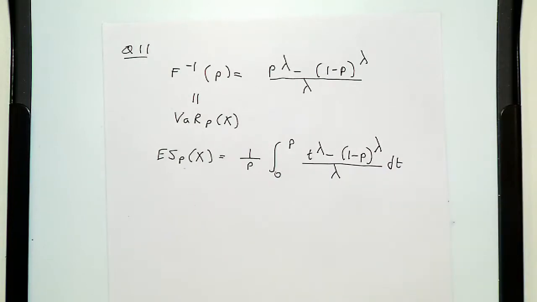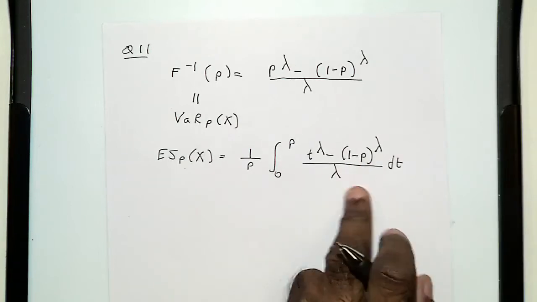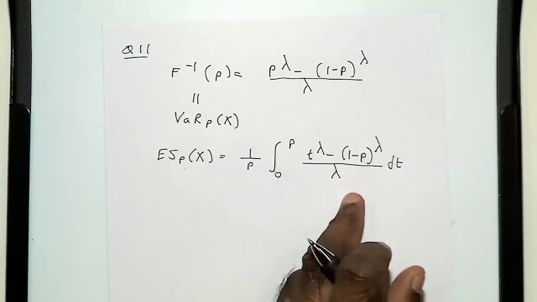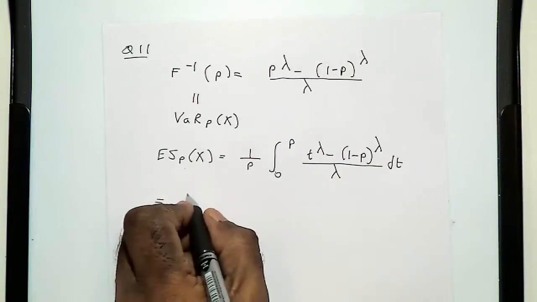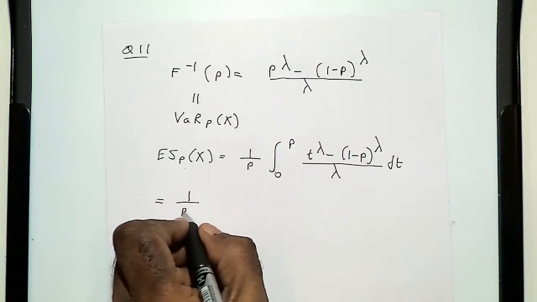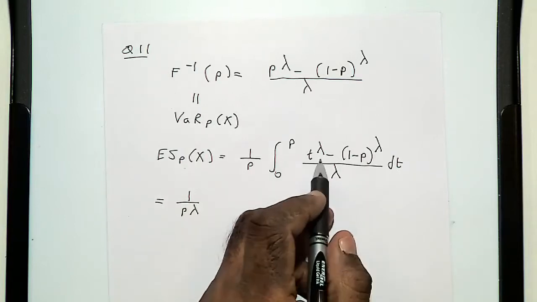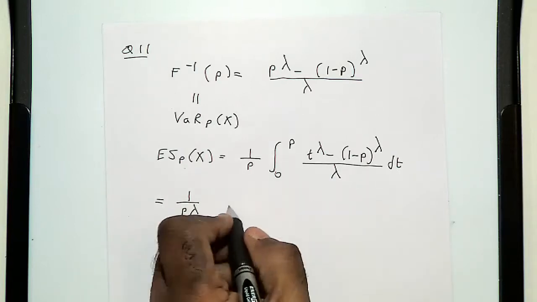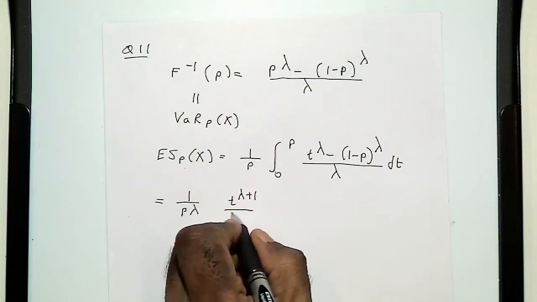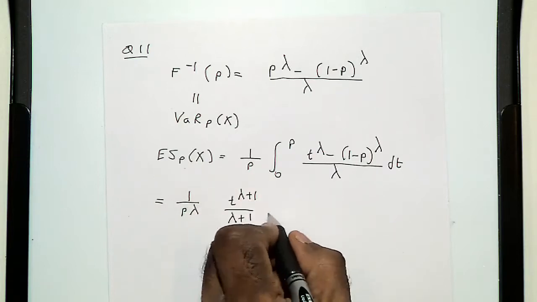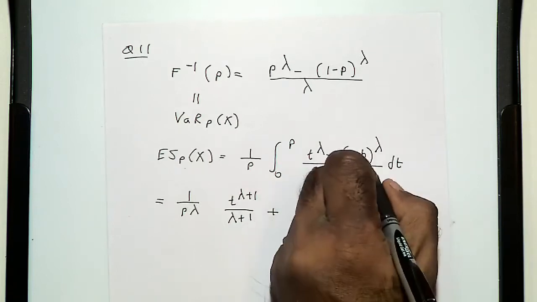Just for easiness, let's assume lambda is not equal to -1, otherwise it will get into problems. Otherwise you'll have to do it separately, which I don't have the time to do now. So let's assume that lambda is not equal to minus 1. So the integral of this is t plus, so this should be t, not p.